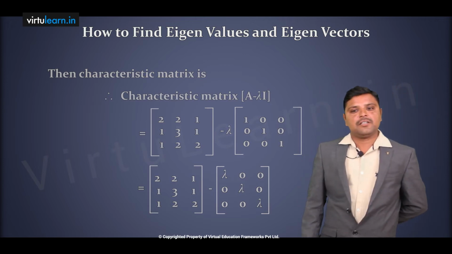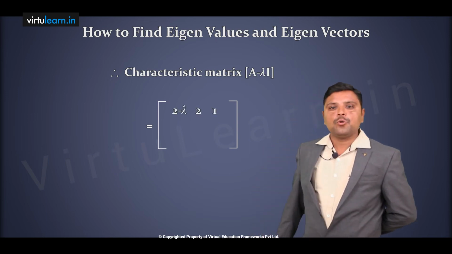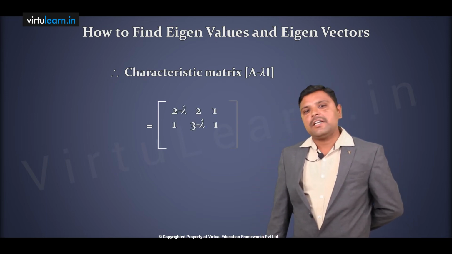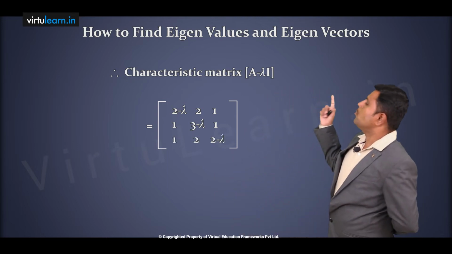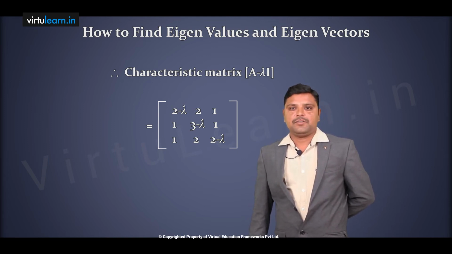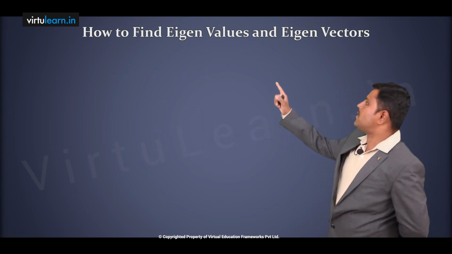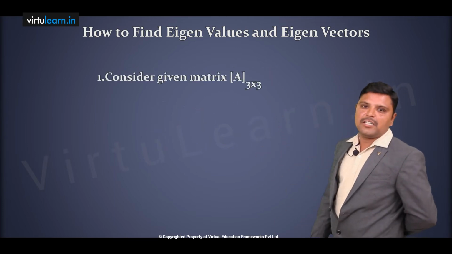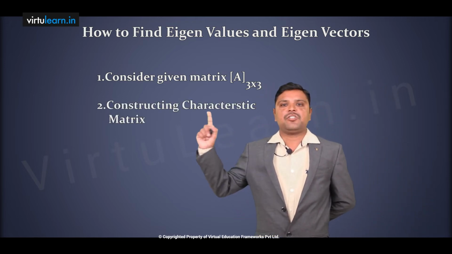The final answer, what is that matrix? 2 minus lambda, 2, 1; 1, 3 minus lambda, 1; 1, 2, 2 minus lambda. Right? Now this matrix is called characteristic matrix. Now this is the second step. What is the first step? The first step is we are considering a 3 by 3 matrix. The second step is we are constructing the characteristic matrix.